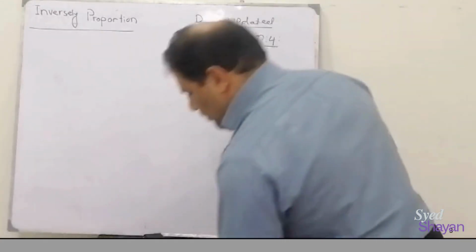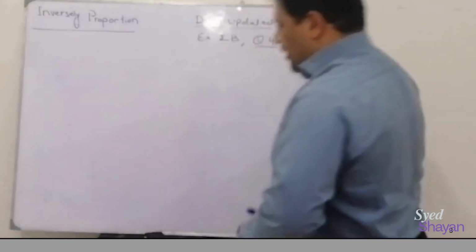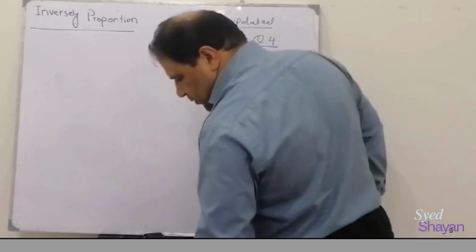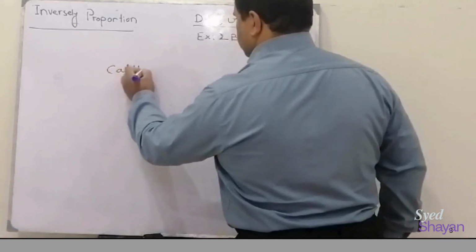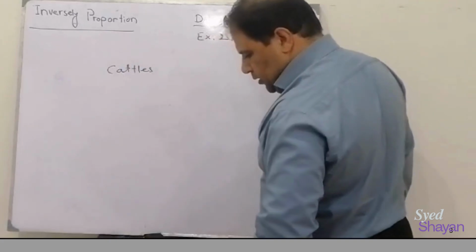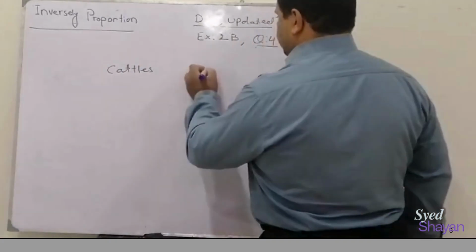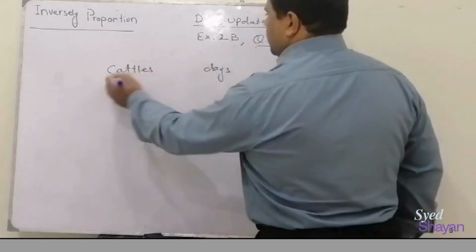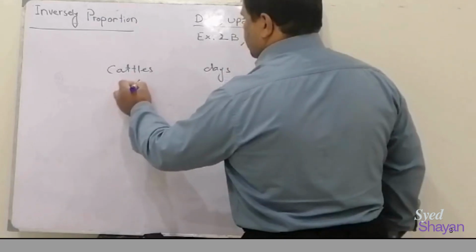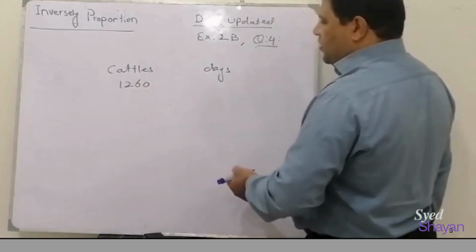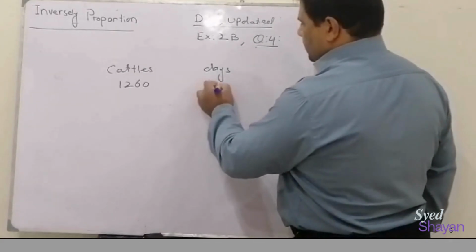So this is written over there that we have cattle and the other is days. Now the question statement is, if we have 1260 cattle and we can feed them for 50 days.